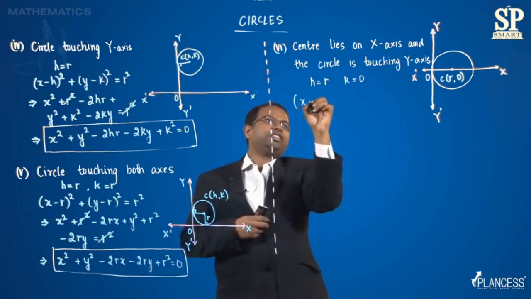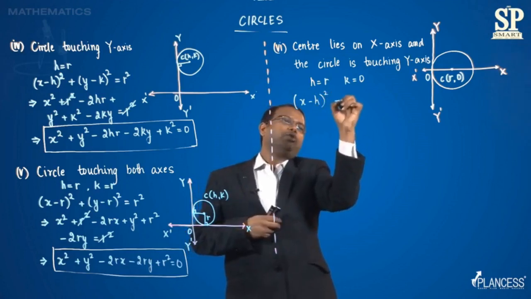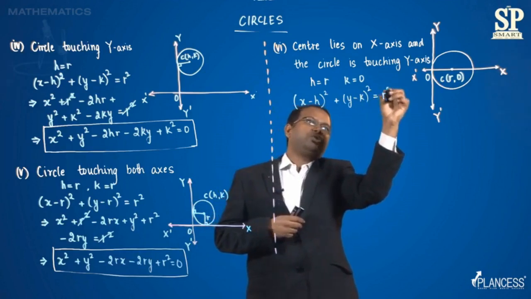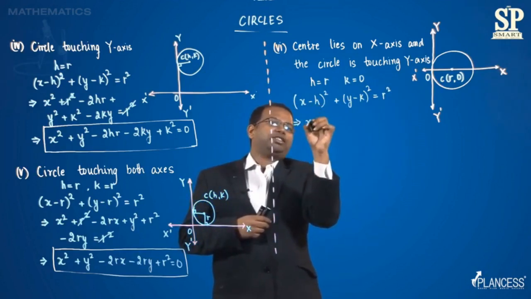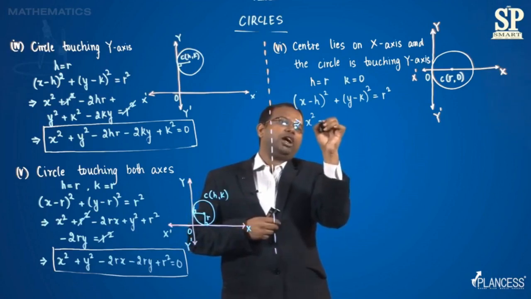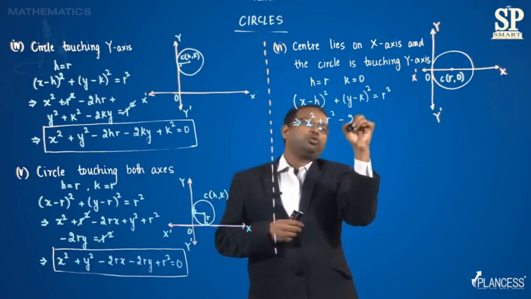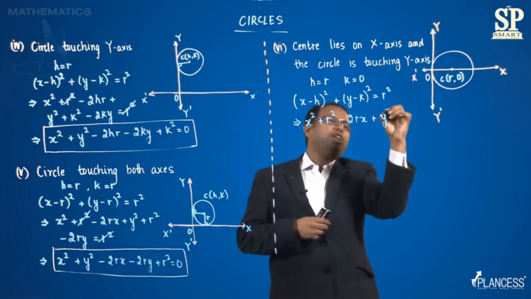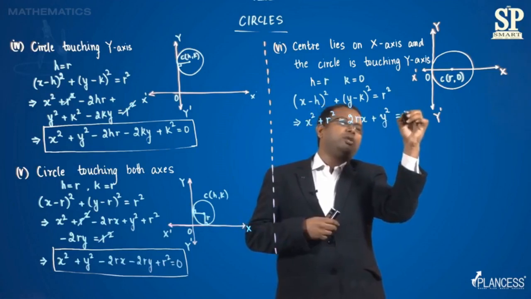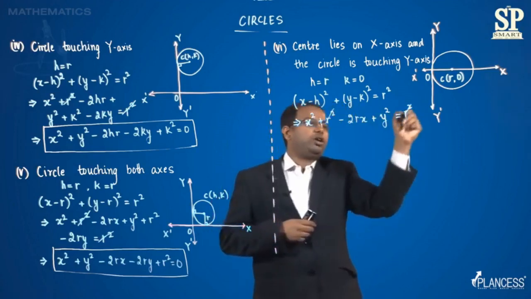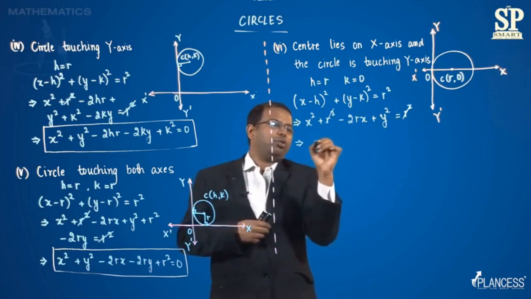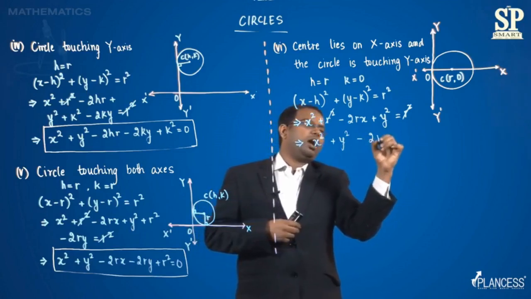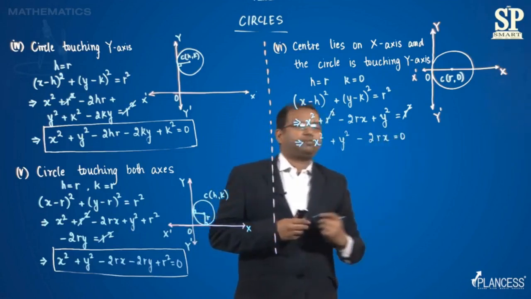So the standard equation that we have, x minus h whole square plus y minus k whole square equal to r square, becomes x square, instead of h we'll put r, so we have plus r square minus 2rx plus, here k will become 0, so we have only one term from this expansion, and that is y square equal to r square. r square again gets cancelled, and what we have is x square plus y square minus 2rx equal to 0.